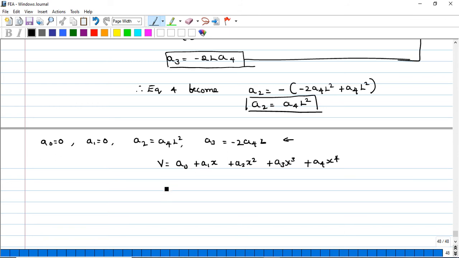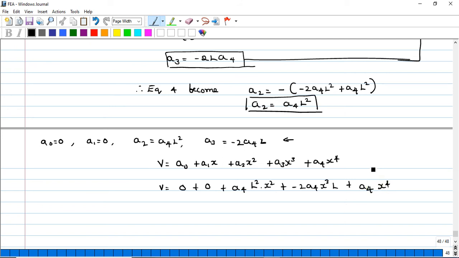Then what happens? v will be 0 plus 0 plus a2 as a4 L square into x square, and a3 as minus 2 a4 L into x cube, plus a4 x raised to 4.